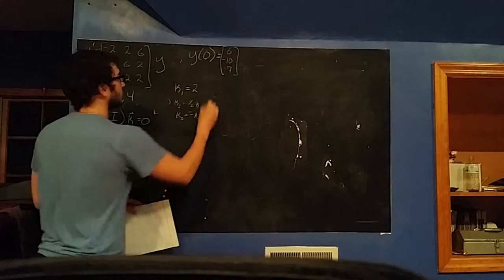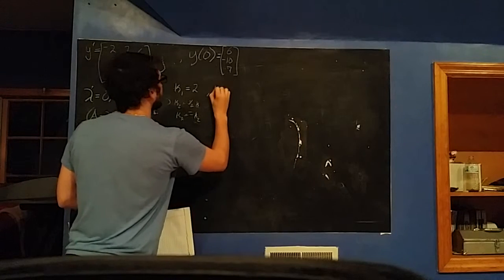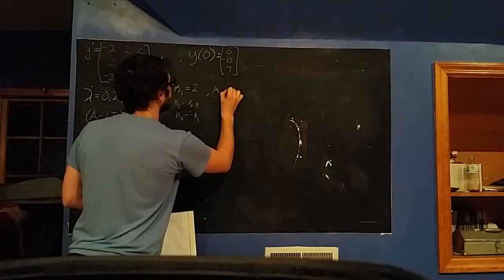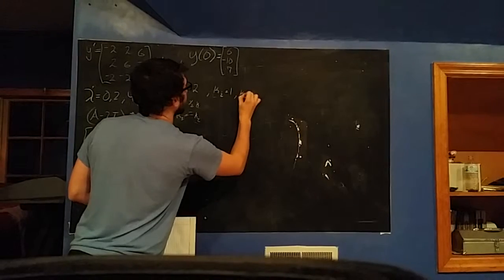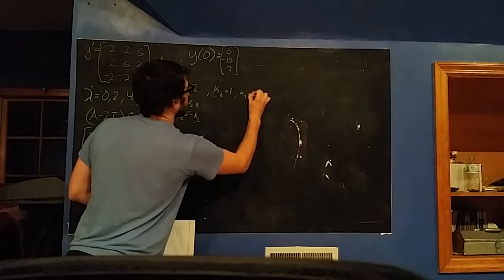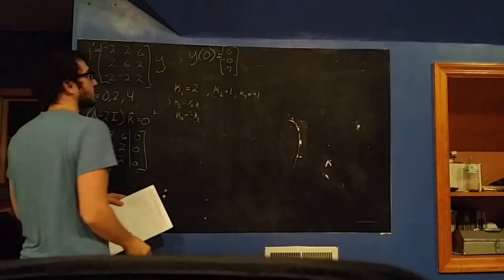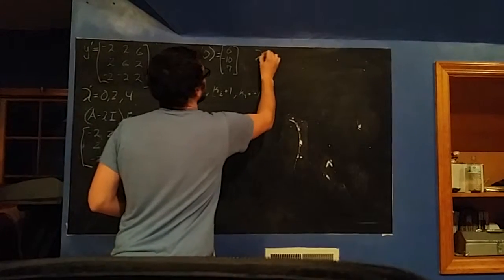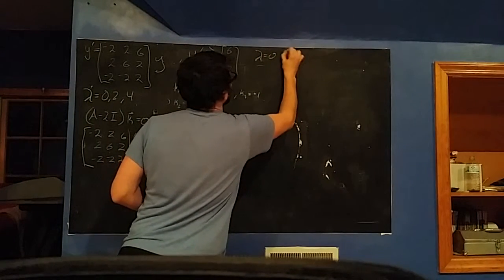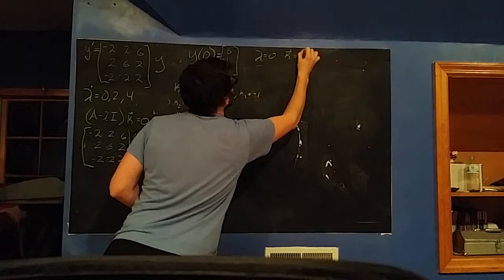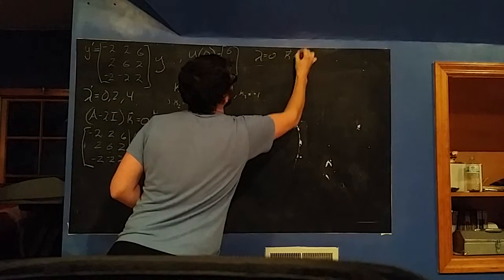So when I set k1 equal to 2, that gives me k2 equal to 1 and k3 equal to negative 1. So for lambda equals 0, we have k equal to 2, 1, negative 1.